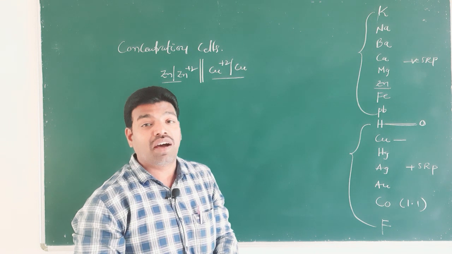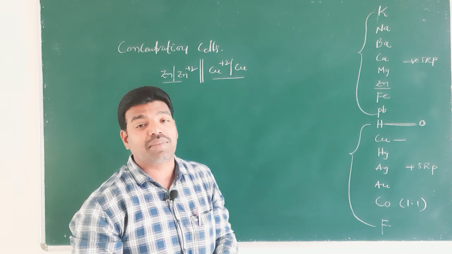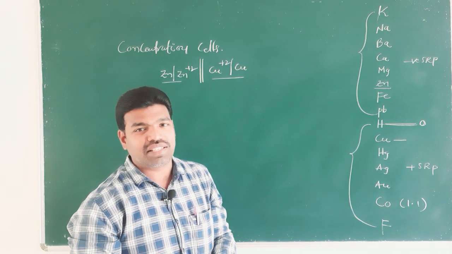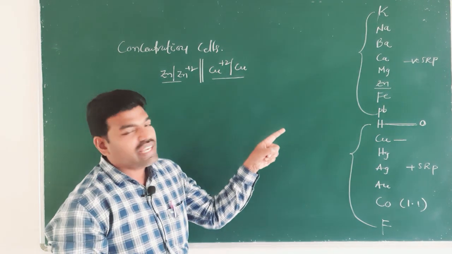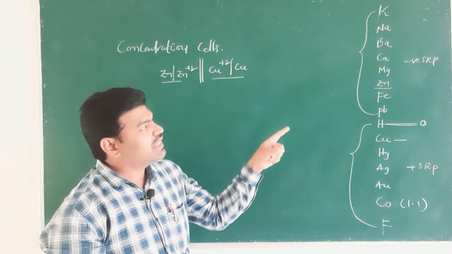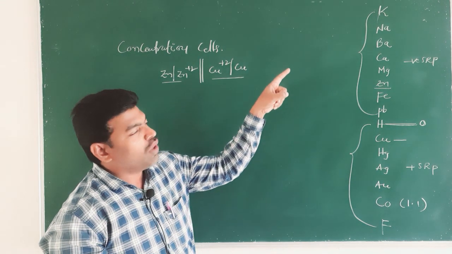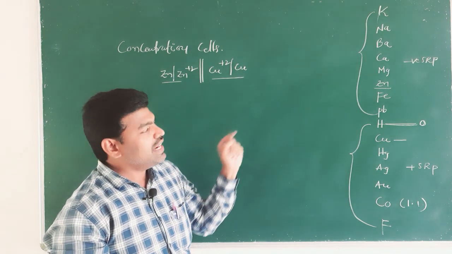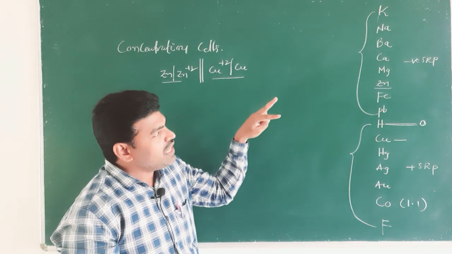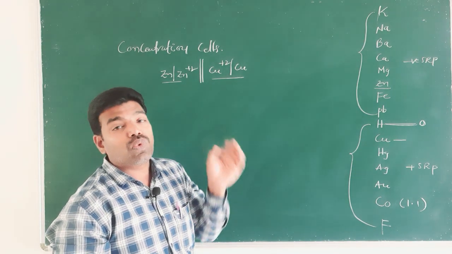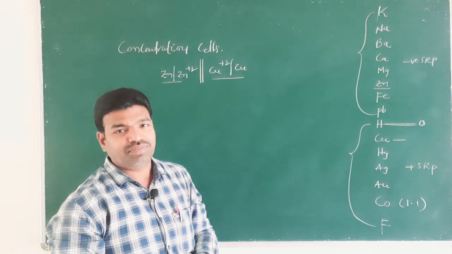That type of cell is called a concentration cell, right. Usually, we can construct a cell with an electrode with a negative SRP and an electrode with a positive SRP. By the combination of those two, we can construct a cell.